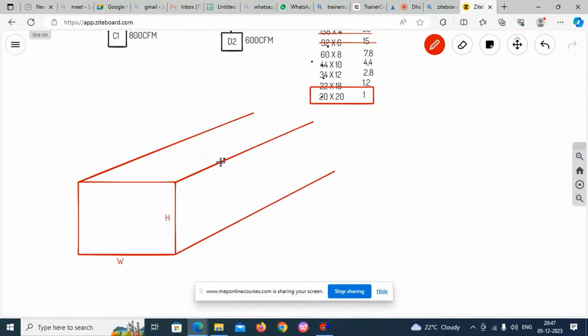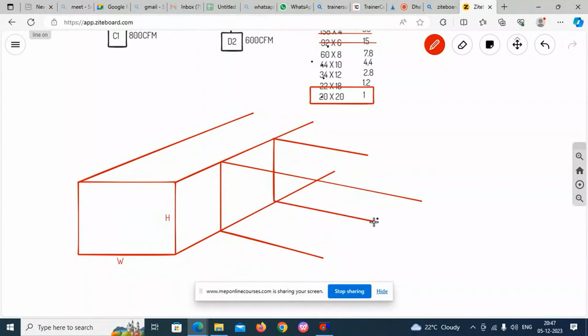Now if the branch duct width and height are the same, with respect to the height you can make some fittings here. But with respect to width there is no space to make the fitting.